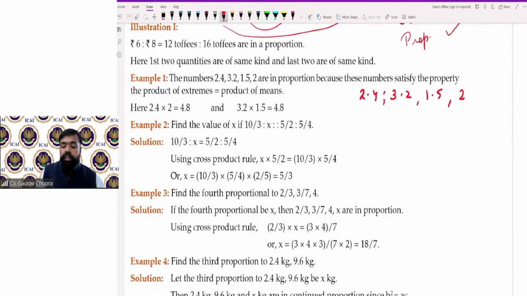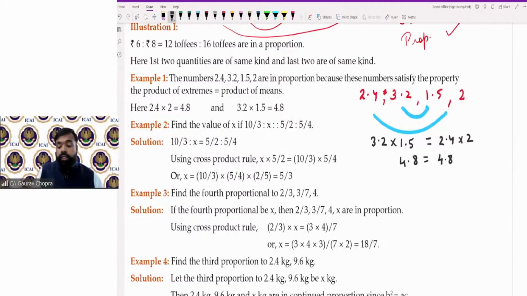So for checking, what we have to do, apply the product rule, product of means and product of extremes. So 3.2 multiplied by 1.5 should be equal to 2.4 multiplied by 2. So how much are we getting? 4.8 and 4.8. So both are equal. Since both are equal, they are said to be in proportion.